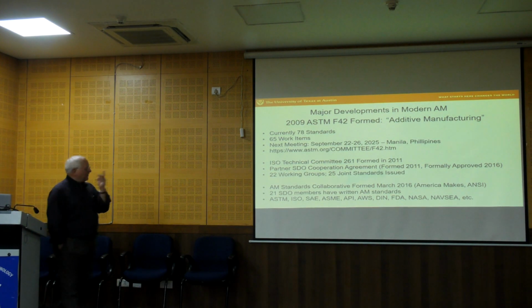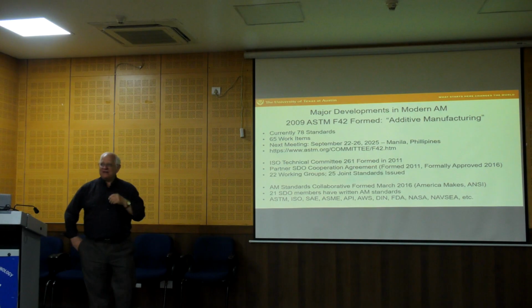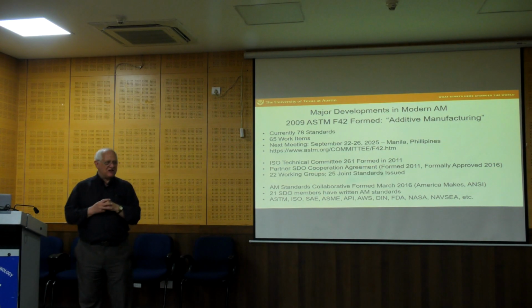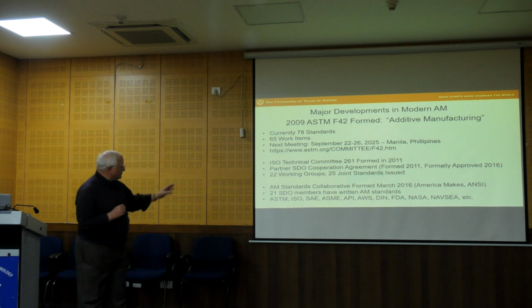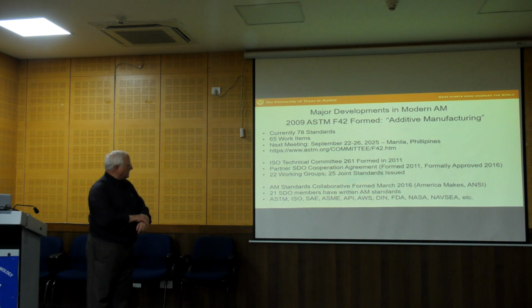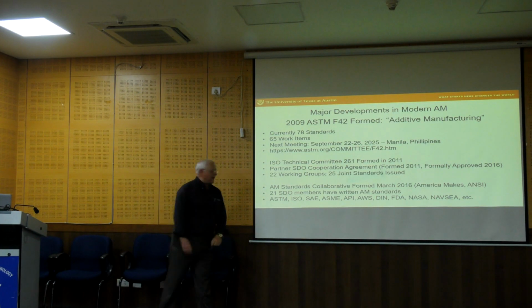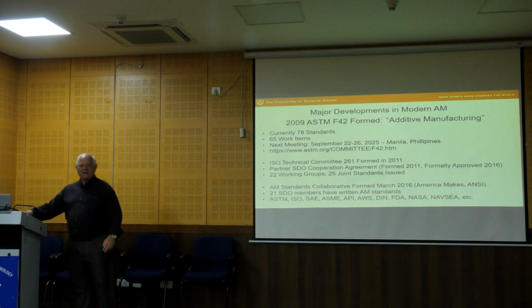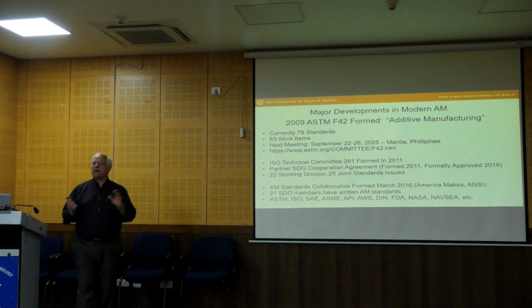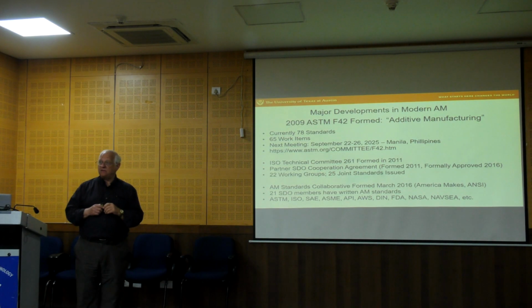What happened very quickly after that is other standards development organizations said, we want to write standards too. So in 2016, we formed a thing called the AM Standards Collaborative. Basically it's anybody that wants to write standards in additive manufacturing.